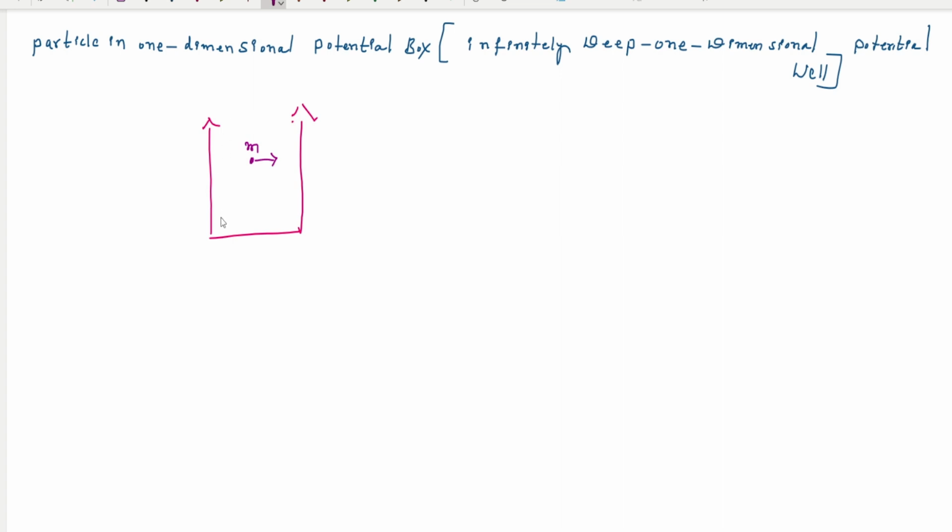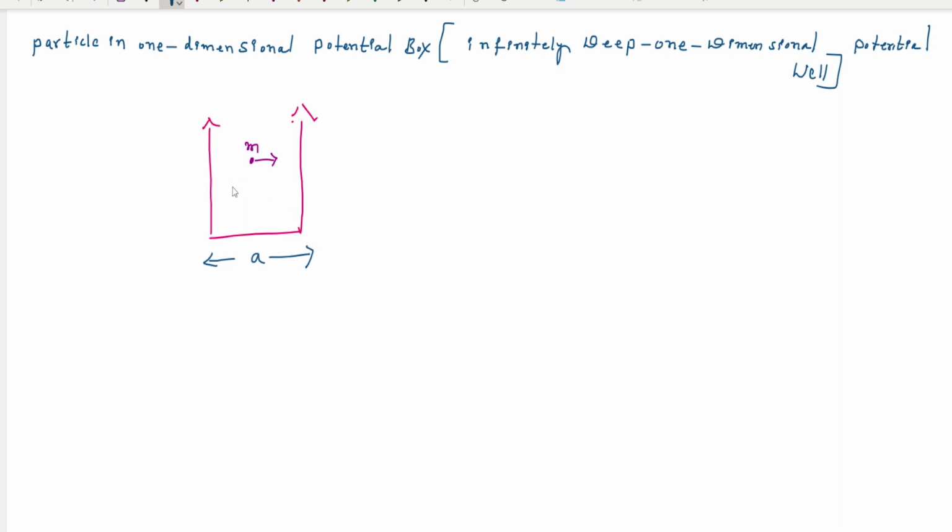For example, here I'm taking the length of this box, this distance from one corner to the other corner, as a.